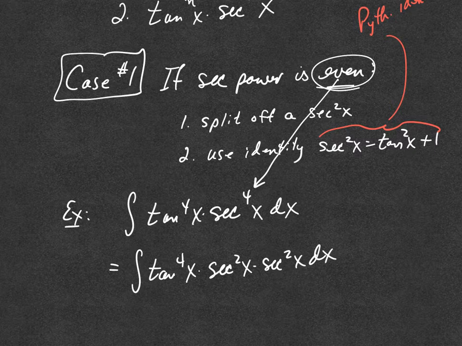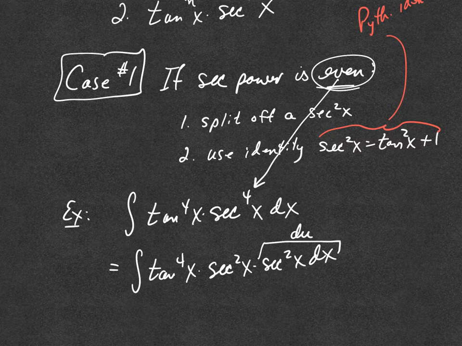As a heads up as to why: we're going to break off a secant squared so that eventually we can make a u substitution, and we want our du to match up to secant squared x dx. You can probably imagine what the substitution is going to be. I won't give it away right now, but I hope you can. When you take the derivative, du is equal to secant squared of x dx.